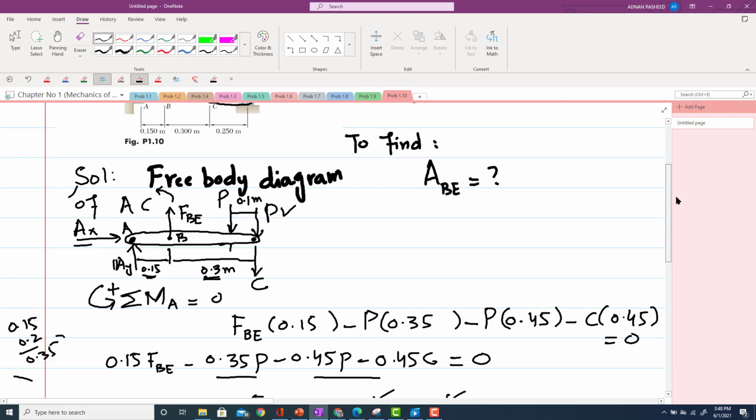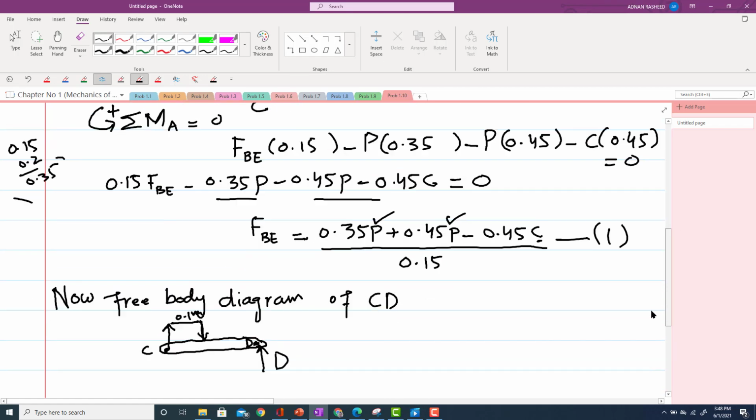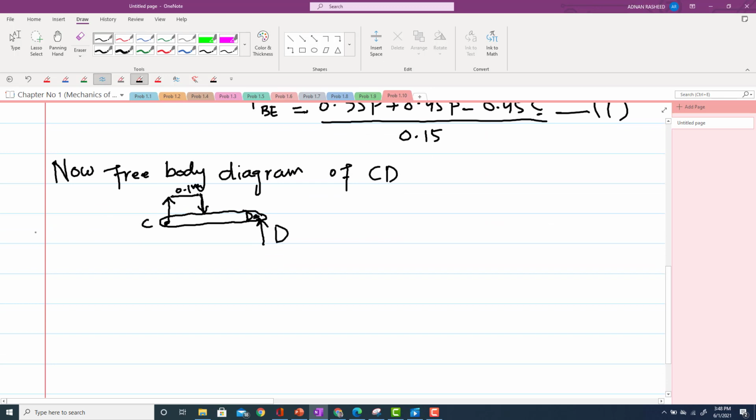I will show you in the figure. So you can see that this is point C and this is P, and this P is acting at 0.1 meter here, and the distance between C and D is 0.250. So now let's take the moment about D equal to 0, because we are interested in finding the value of C, and again counterclockwise is taken as positive.